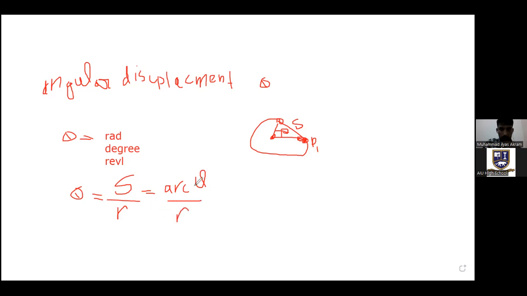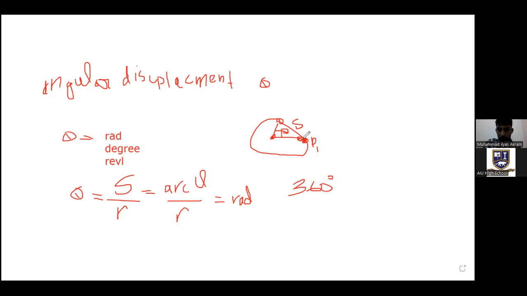So the units of theta are radian, and we also call it revolution. So if a point covers a distance from here and travels a complete rotation from one point to another point, it completes one revolution. That is also called 360 degree.